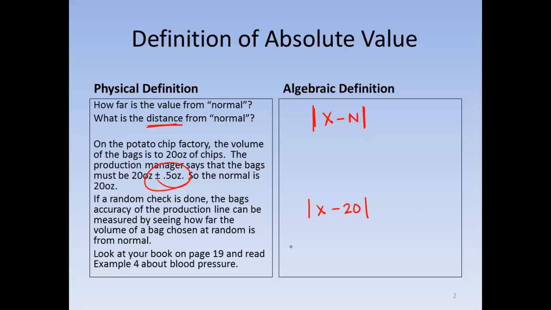They measure this value, the pressure difference, as the absolute value of the patient's blood pressure at that time minus the normal, which is 120. So this is what we have for our algebraic representation of a patient's blood pressure. And we could test to see if that difference is acceptable and safe for the patient.